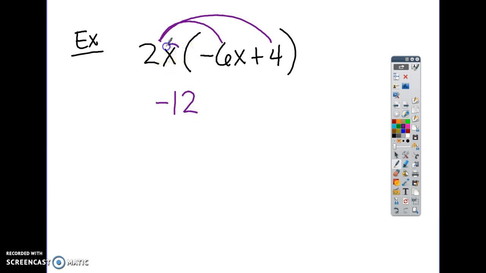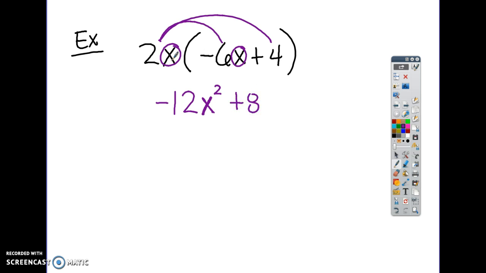How many x's do you see? You see 2 x's. So you're not just going to put 1 x here. You're going to say that this is 2 x's by putting a square. So again, x times x is x squared. And I know you haven't seen it before, but it's going to be on the test. And then you're going to distribute the 2 times 4. 2 times 4 is 8.